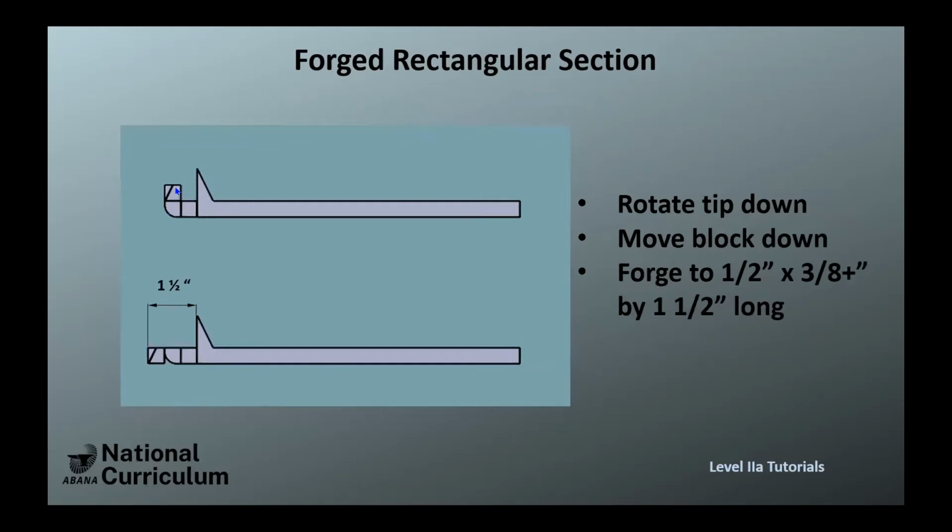So the first thing, if we want to reduce this tine down into a square shape, we can just rotate this tip down, and that gives us a perfect 1/2 inch block, which we've talked about several times before. A lot of blacksmiths probably know the height of our triangle is actually 1/2 of the height of the triangle. So that is where we get this height of 1/2 once we're done.